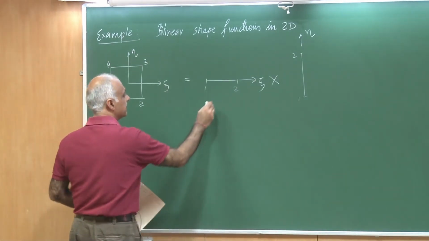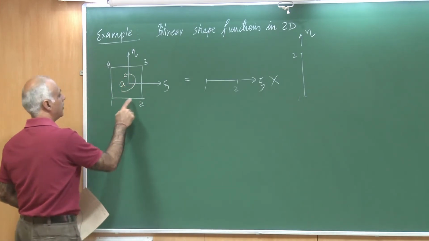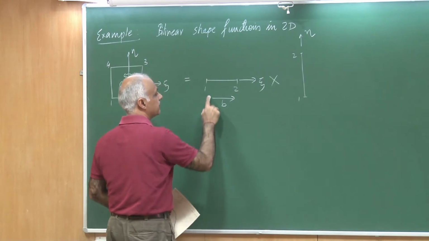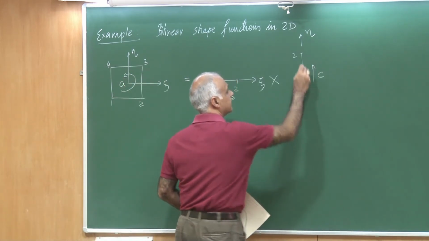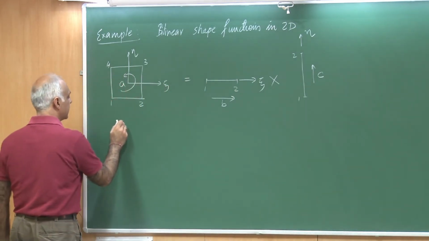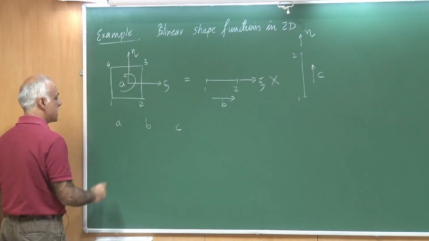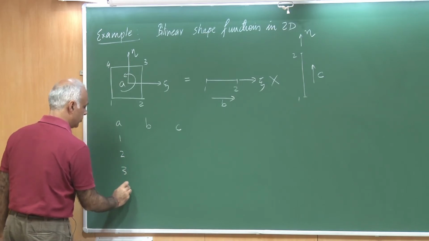So, let me call this index A, which goes from 1 through 4. This I will call index B, which goes from 1 to 2, and let me call this index C, which goes from 1 to 2. So, I will make a small chart here of A, B and C. So, A goes from 1, 2, 3 and 4.